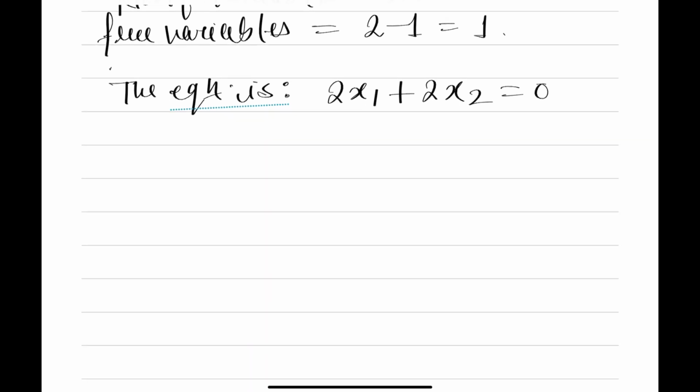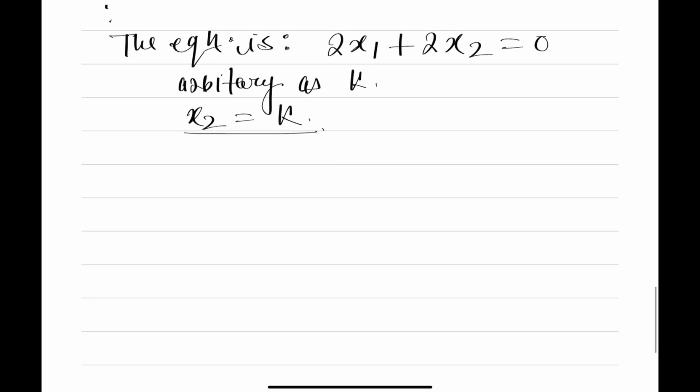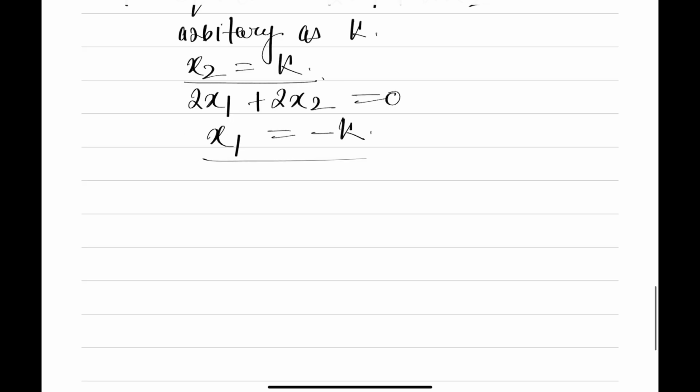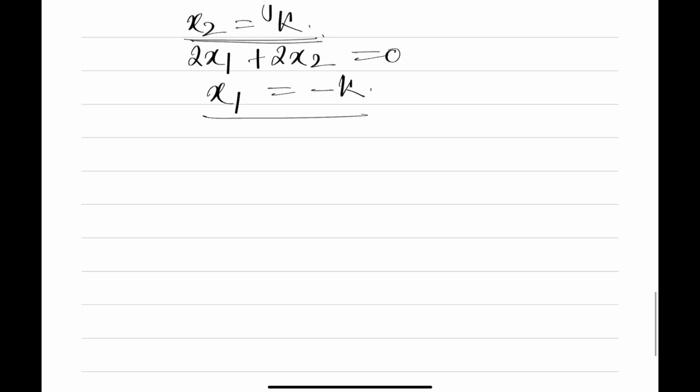Now let us take one free variable as arbitrary k. We take x2 as k. So now our equation 2x1 plus 2x2 equals 0 gives x1 equal to minus k. Now we have the value of x1 and x2.